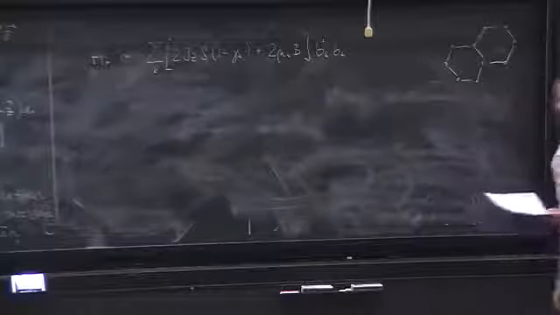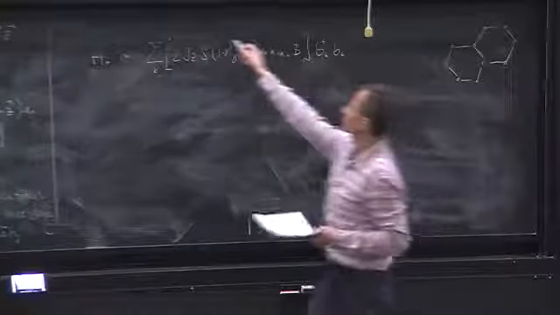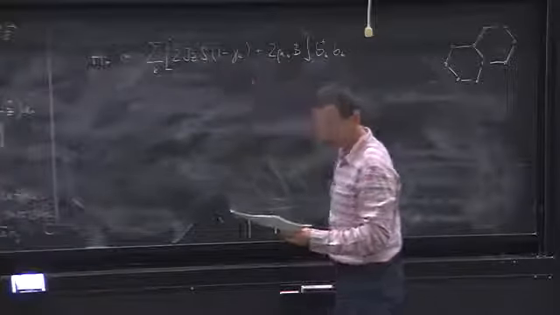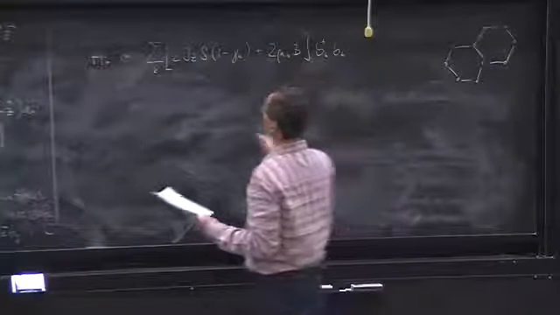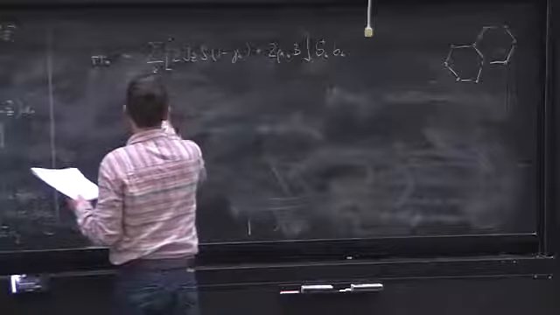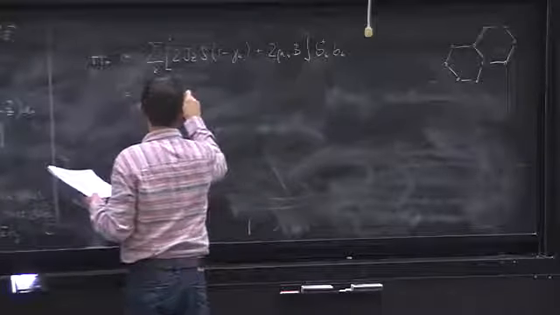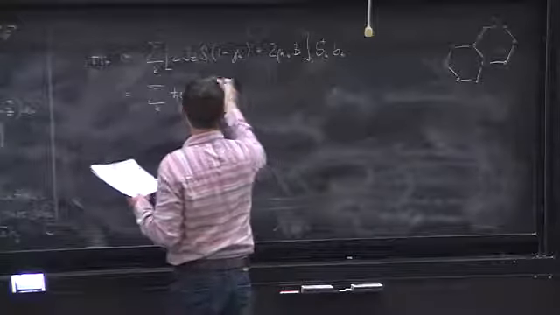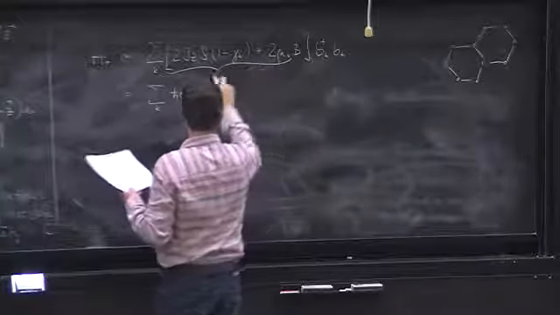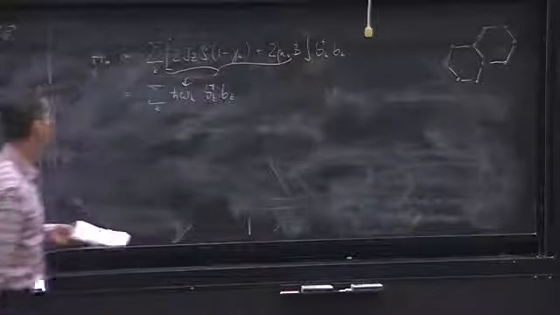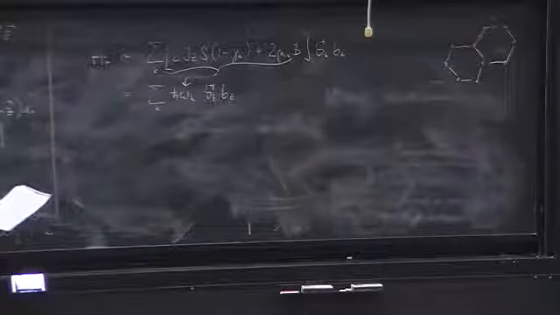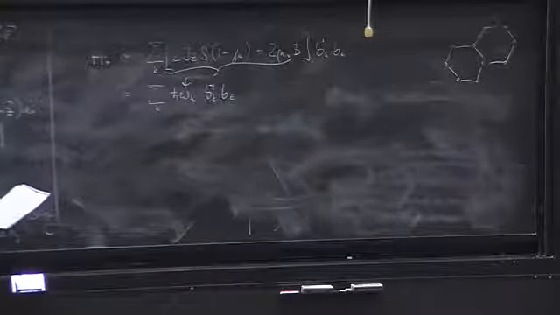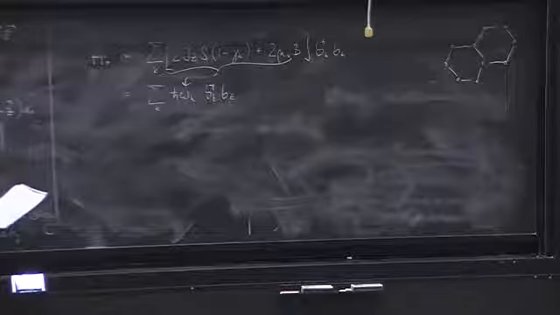And now this looks like just a non-interacting gas of bosons with a dispersion that is given by this expression. In other words, we can write this as the sum over k of h bar omega k b dagger k b k, where this whole thing we call h bar omega k.